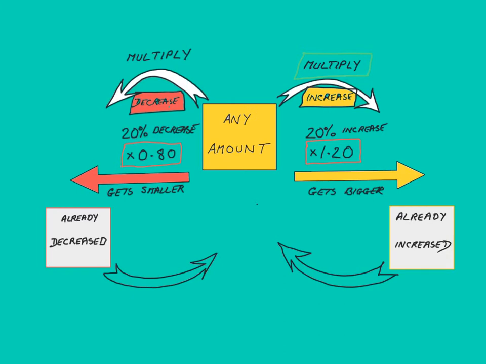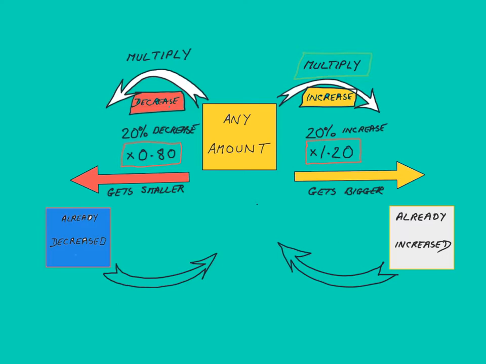But suppose now I already have done a calculation. Suppose I'm told, for example, on the left-hand side, that I have an amount that has already been decreased by a certain percentage, let's say 20%. So whatever amount I started with, I have reduced by 20%.